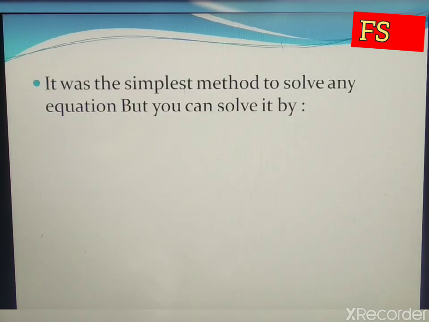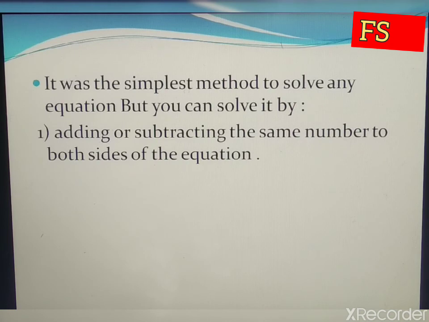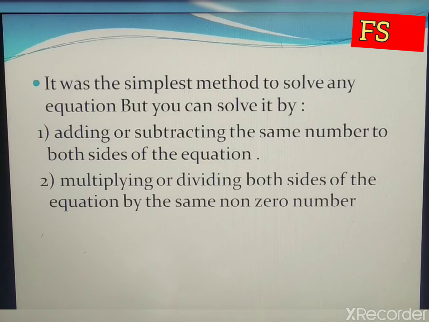This was the simplest method to solve any equation, but you can also solve it by adding or subtracting the same number to both sides of the equation, or multiplying or dividing both sides of the equation by the same non-zero number. If the left hand side and right hand side are added, subtracted, multiplied or divided by the same number, then the actual value of the equation doesn't change.